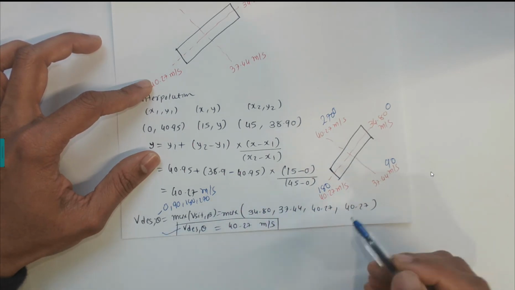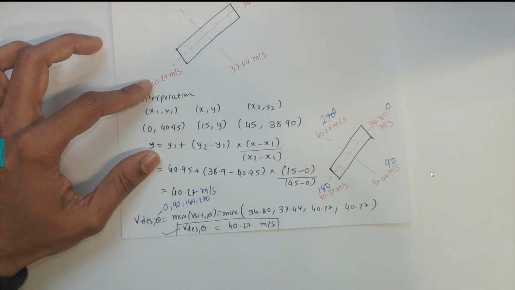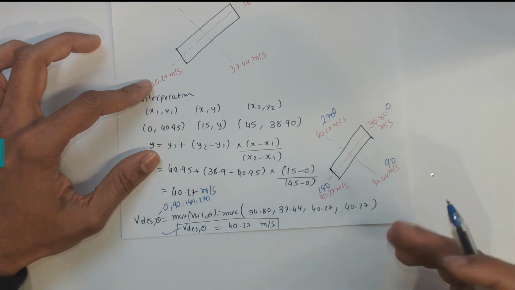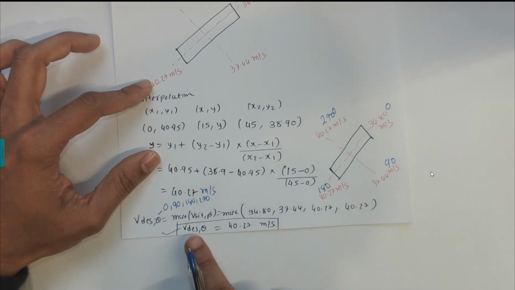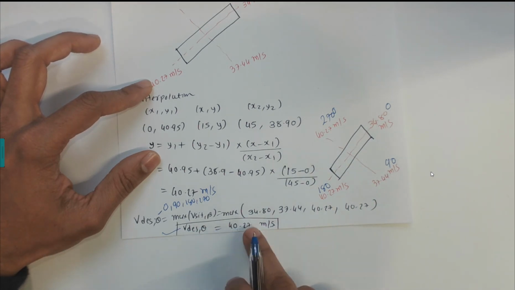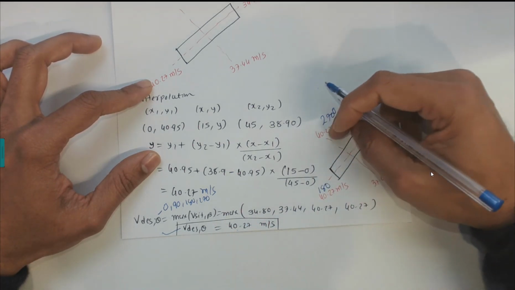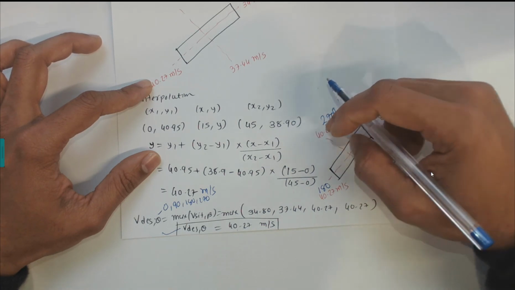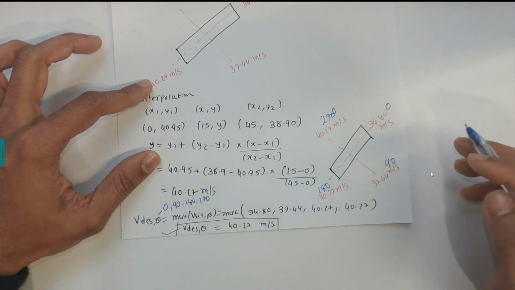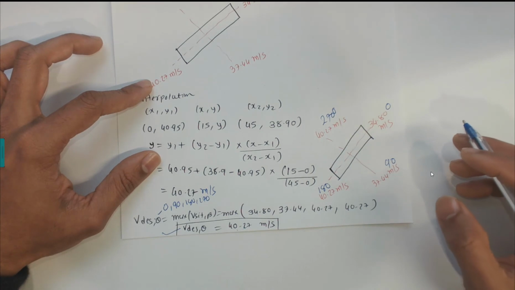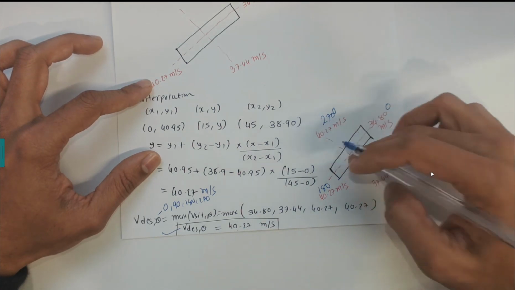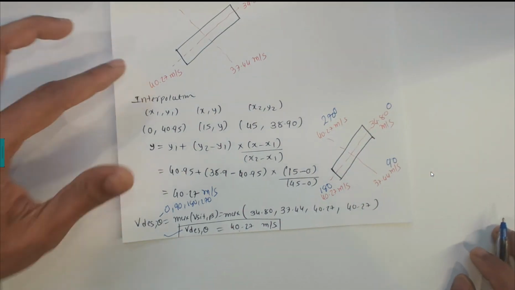That is your design wind speed for this case. So for the next steps in the wind loading calculations, we should use this design wind speed for all calculations, which is 40.27 meters per second, because this is the critical one. Our building will experience this wind loading, which is 40.27. That is the maximum wind load coming from these directions. Thank you very much.